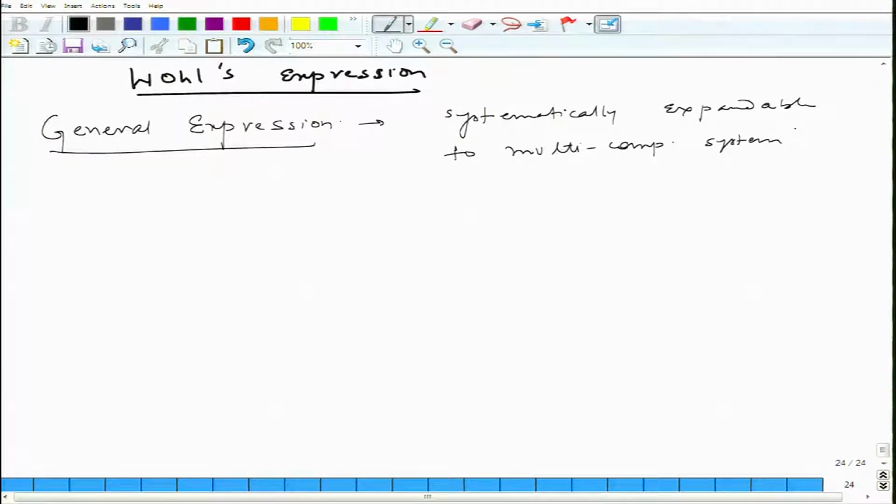Okay, so let me just write it down and try to give an idea of why this is a very profound expression. See, the expression looks like this.